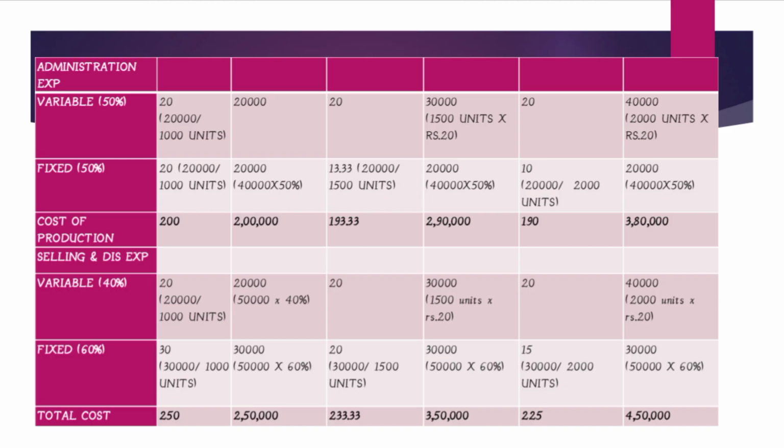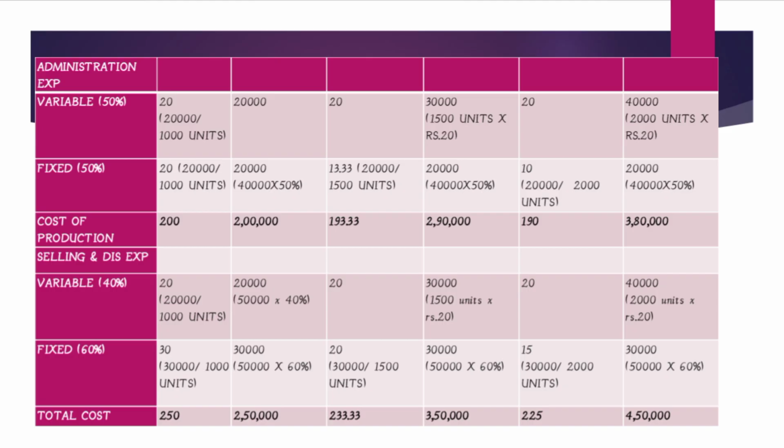Moving to the flexible or variable part, the balance 50% in rupees will be 20,000. By dividing it with 1000 units, the rupees per unit is 20. It will remain constant for all the capacity levels in the variable part. So the price per unit will be 20.